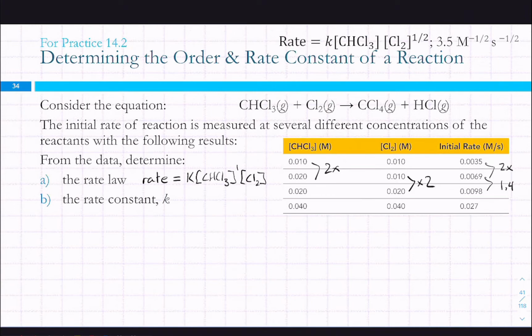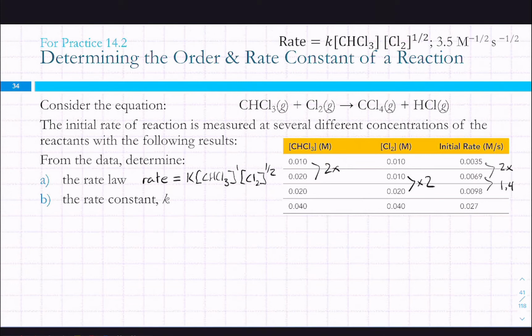So you can have other reaction orders too that are fractions. Not super friendly, and unfortunately that math doesn't work out super well, that it's 1.42. But that's the difference, that's experimental data.